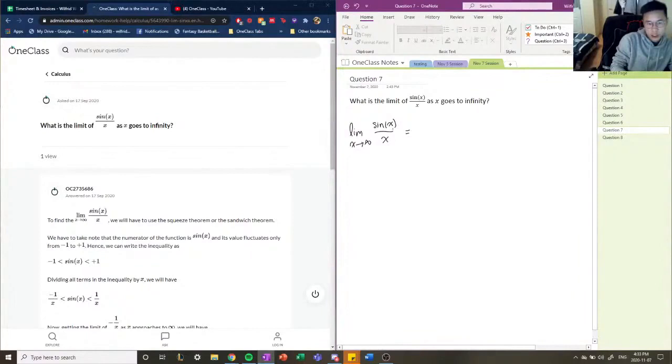So substituting infinity into here and infinity into here, we get something very weird because this is a periodic function. So it's going to repeat over 1 and negative 1, and this is going to be infinity. So this is kind of hard. It's kind of hard to use our normal limit techniques to find our limit.